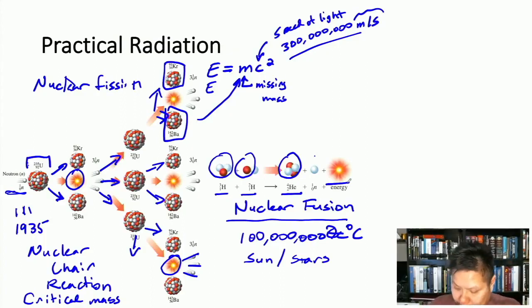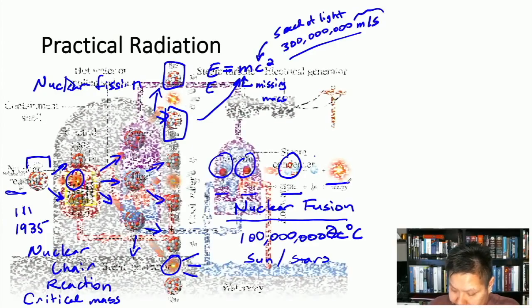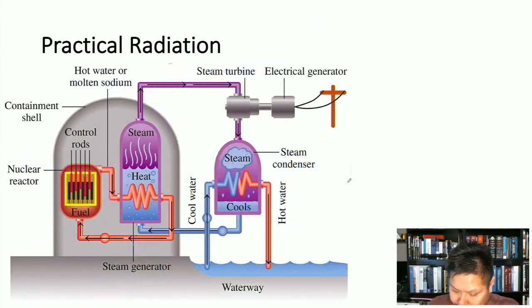But when we talk about practically, though, like a nuclear reactor, let me clear that out. There we go. When we talk about nuclear reactors, these are actually fission nuclear reactors.